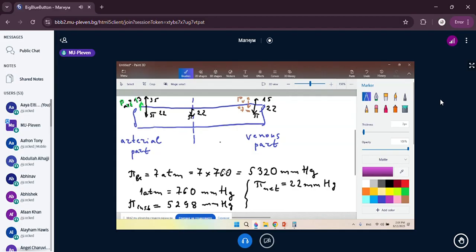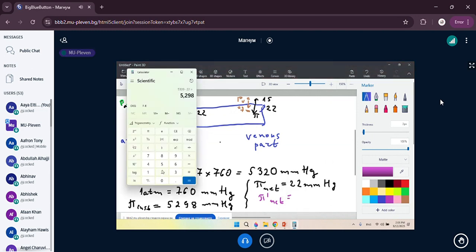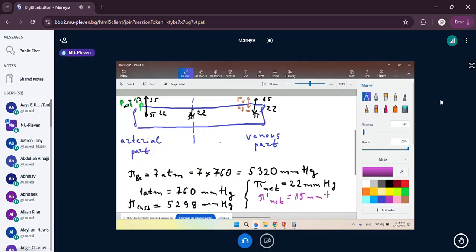This is net. Let me see. This one, blood, is reduced by 7 millimeters, which means that P net would be of new value as the albumin loss. It will be 15 millimeters of mercury.